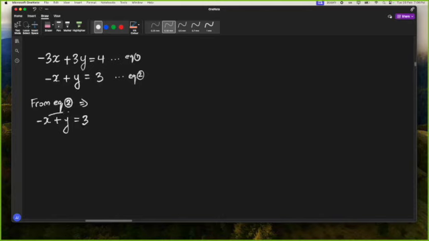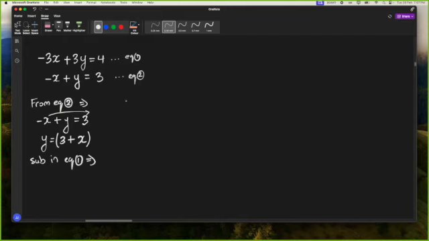You throw the x across, and I'll get y is equal to 3 plus x. So this is what y is. y is 3 plus x. So I could substitute y is 3 plus x, from equation 2, into equation 1.